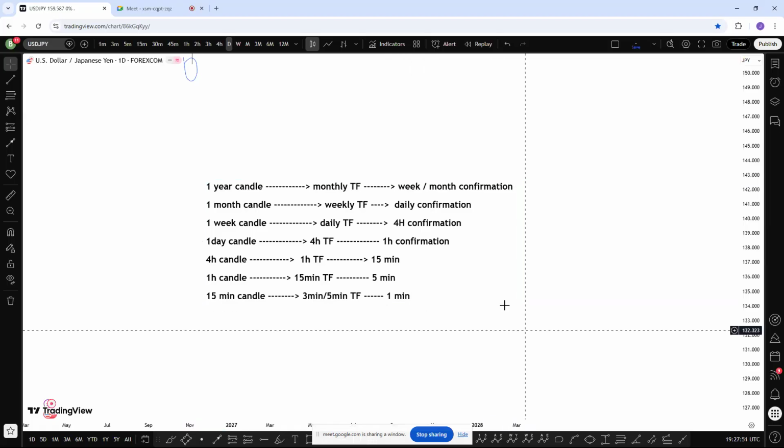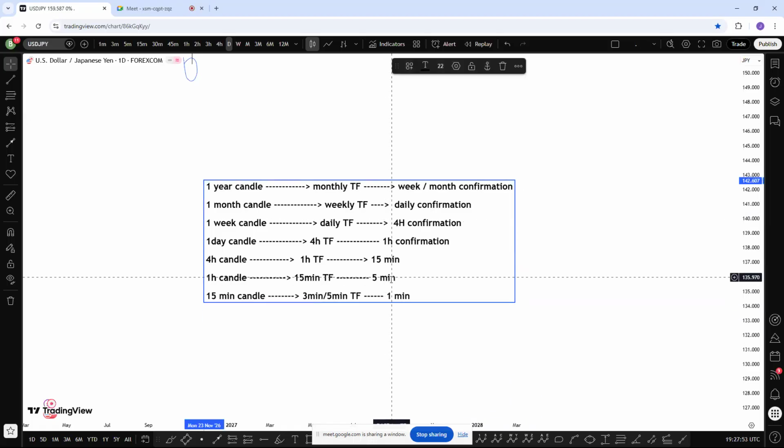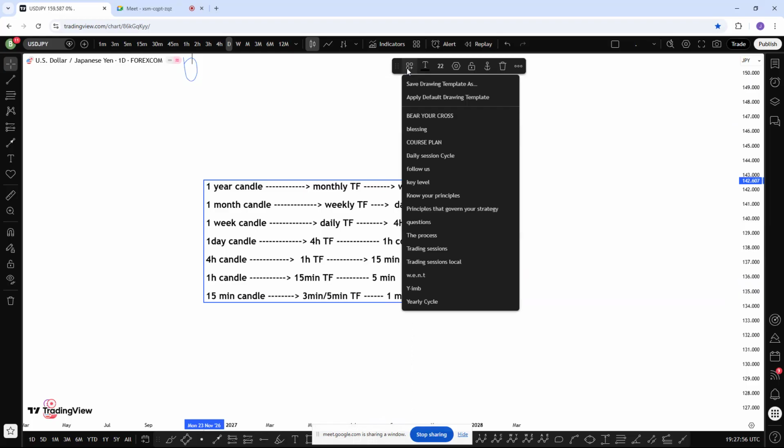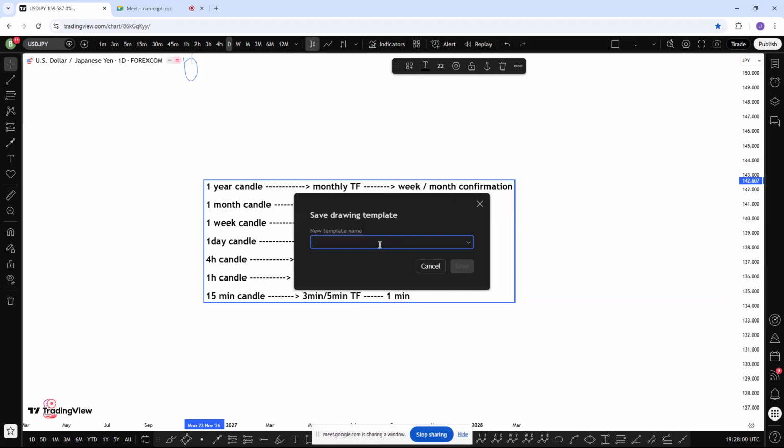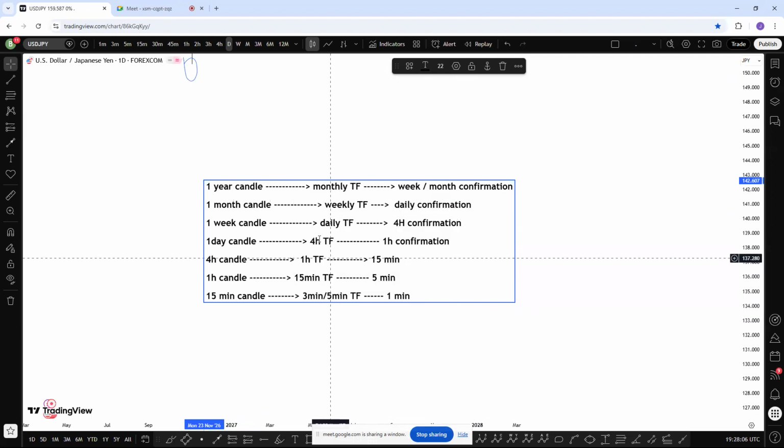If you try to master this table, it will be very nice for you. If you master this table, it will be very easy for you. So here is for entry. Daily confirmation for entry, 4 hour confirmation for entry, 1 hour confirmation for entry.